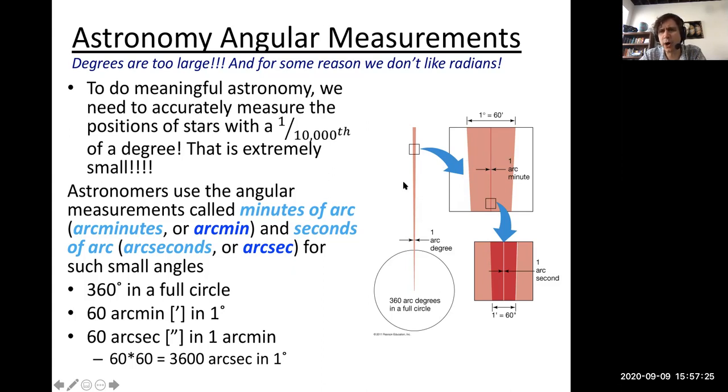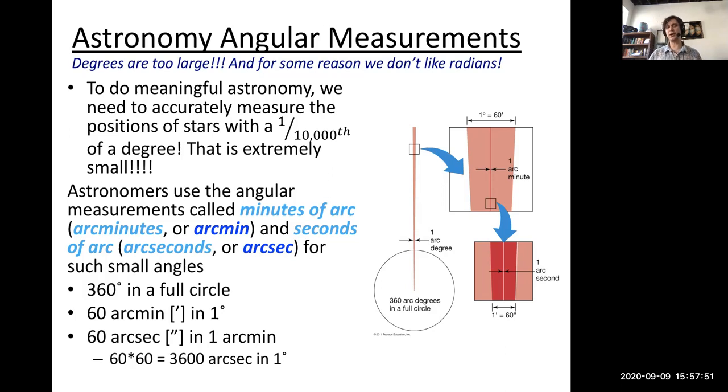Now let's take 1 arc minute and break that up into 60 equal parts. Because there are 60 seconds in 1 minute, we will take 1 arc minute, break it into 60 smaller subunits, and call each one of those subunits 1 arc second. So there are 60 arc seconds in 1 arc minute.